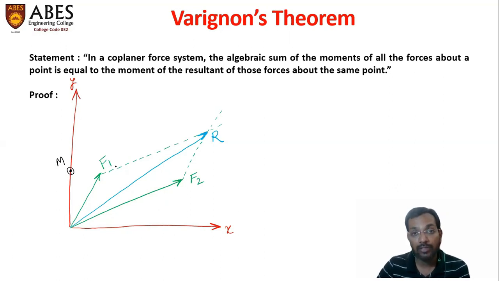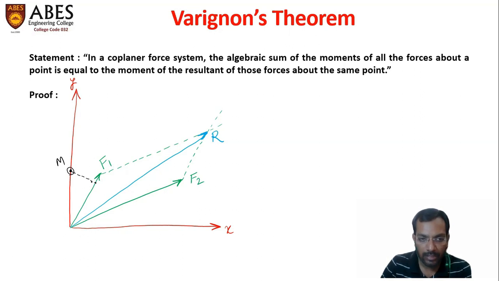For finding the minimum distance, we will drop perpendiculars from this point on each and every force. So let's show the perpendiculars. This is the perpendicular dropped on the line of action of the first force.